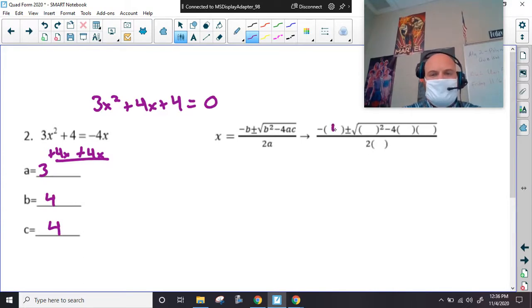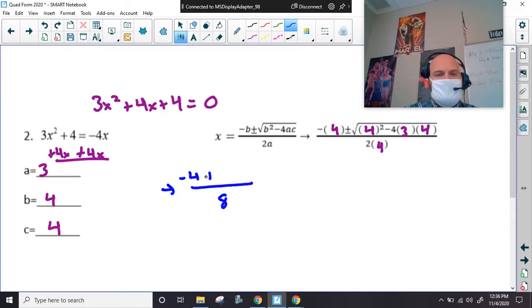So we plug it in. It's 3 times 4. Oh, nope.